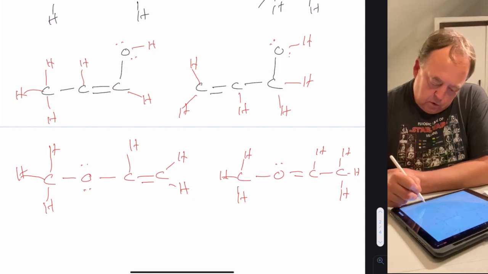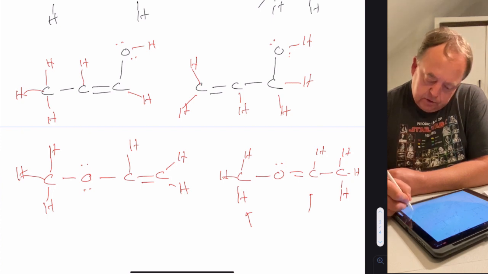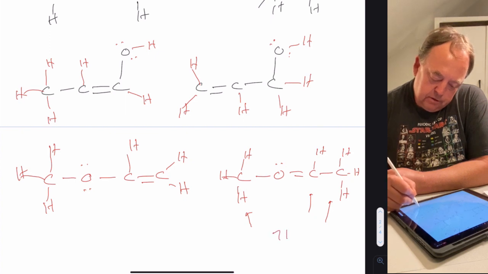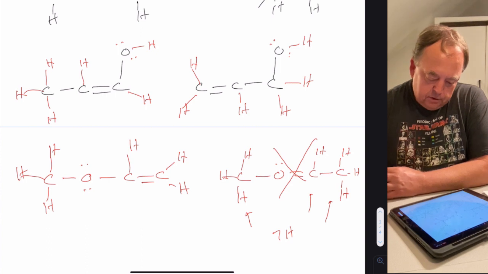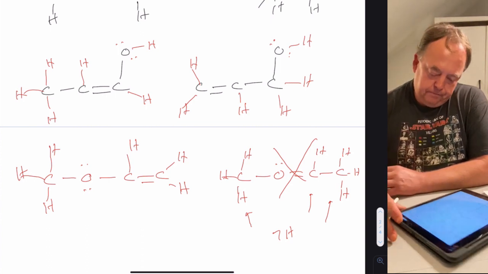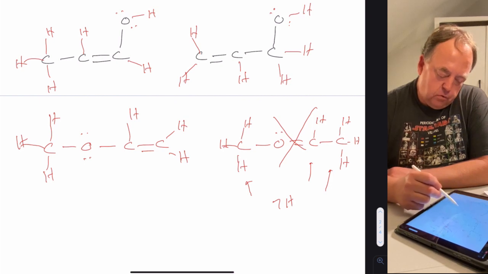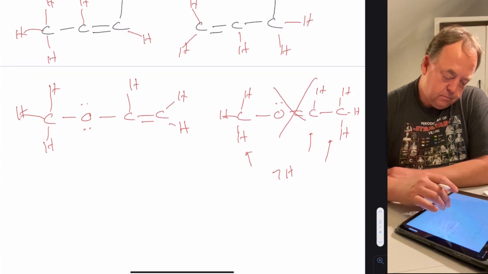This carbon at the end needs 3. This one would need 1 to complete its octet, and this one needs 3. But now you have 3, 6, 7 hydrogens, and you can't have 7 hydrogens. So that's not going to be possible. So with the oxygen in sequence, that would be the only structure you could come up with.